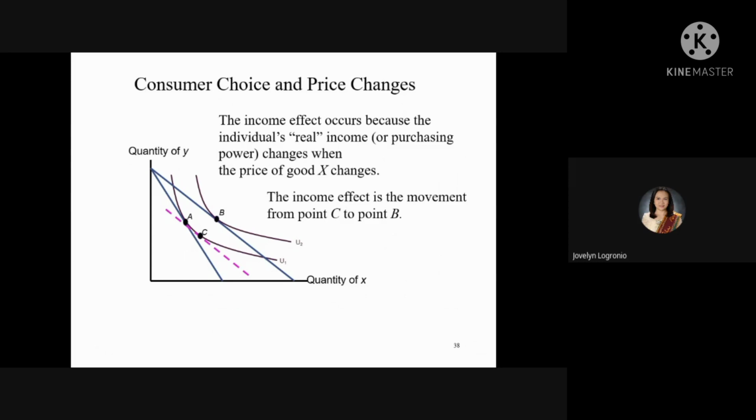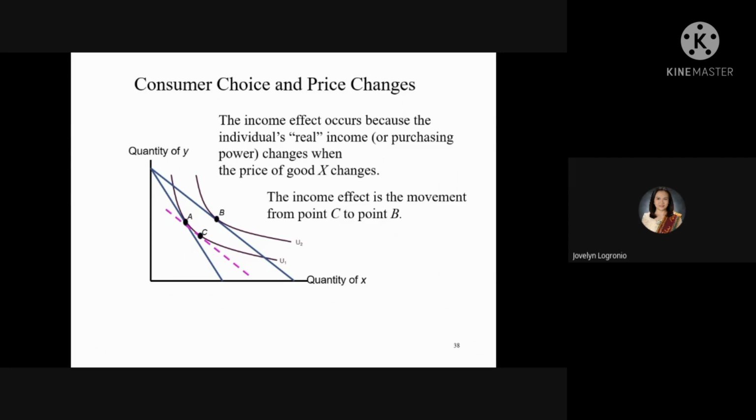Since good X now is cheaper, the tendency of the consumer is to buy more units of good X. So from point C, on the lower indifference curve, which is U1, the new bundle is now at point B, which is on the higher indifference curve. And at point B, the indifference curve U2 and the budget line are tangent.